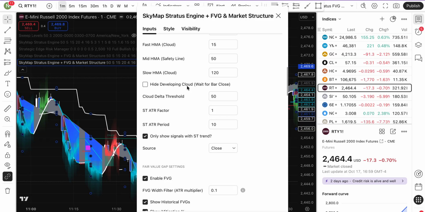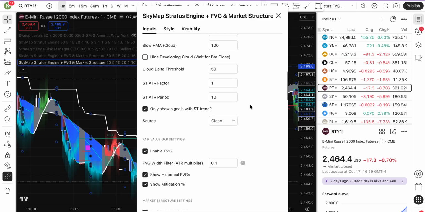If you don't have that, you might want to hide the developing cloud. You might always want to wait for the confirmation. That's a personal preference. You're going to have to look inward to make sure that your settings and your parameters fit your personal trading style. I keep the default set to off because I like to see the developing cloud.